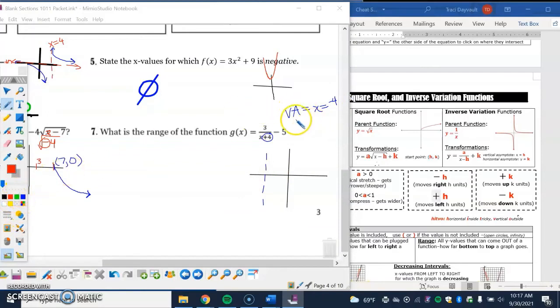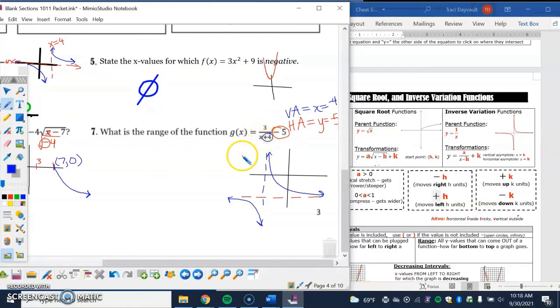And the horizontal asymptote would be where? Y equals k. So y equals -5 would be my horizontal asymptote. Okay, and there's no negative in the front, so it's going to be in this corner and this corner. The 3 is going to stretch it vertically, but that doesn't affect the range.